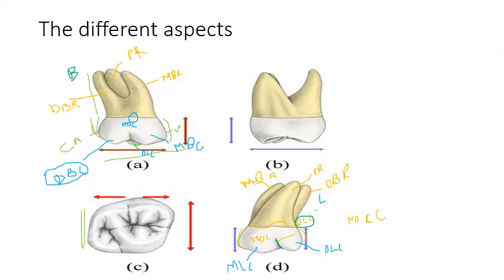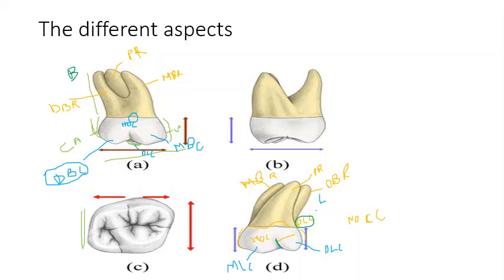There are some tricuspid specimens in which the distolingual groove does not extend over the lingual surface of the maxillary second molar. So this was all about the buccal and lingual surfaces of the maxillary second molar.